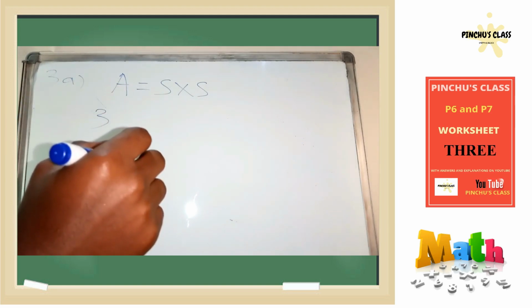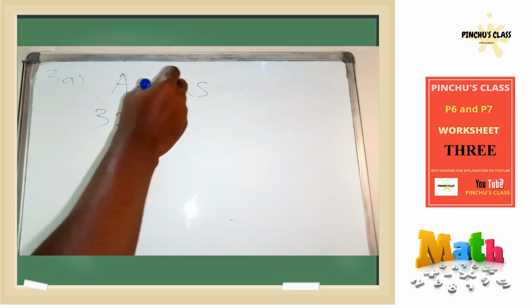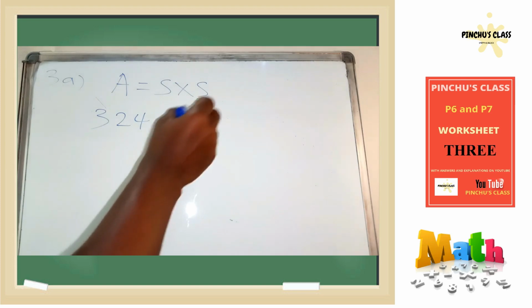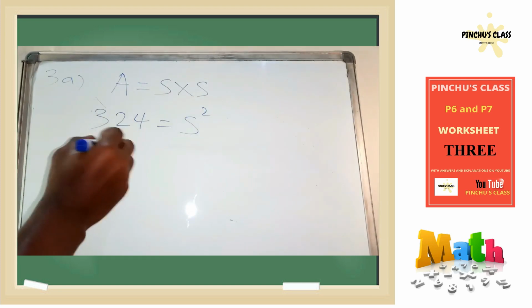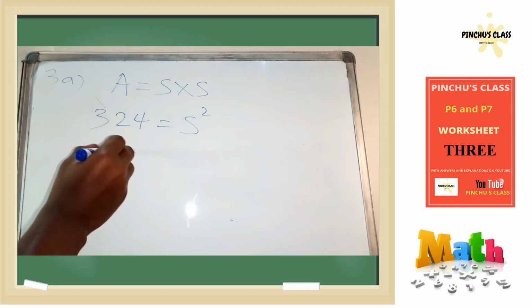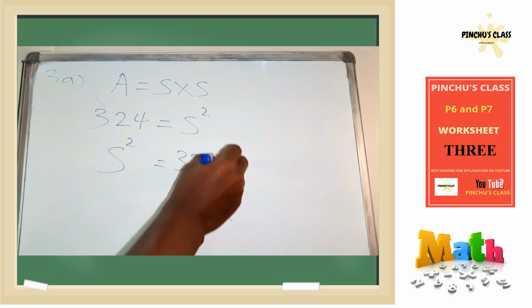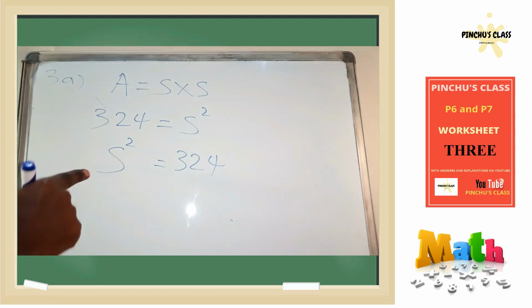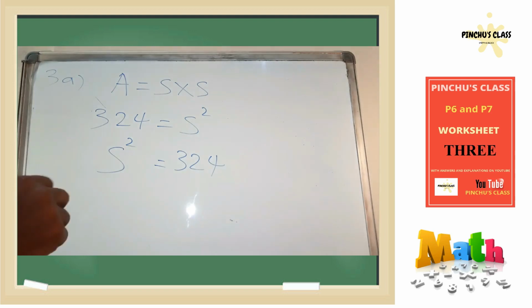It is 324. It's the same as now, s times s gives us s squared. I am going to change this to this side and this to the other side, so that I'm just changing position, but it's the same. S squared is the same as this squared. Now, to remove the square, we introduce square roots.